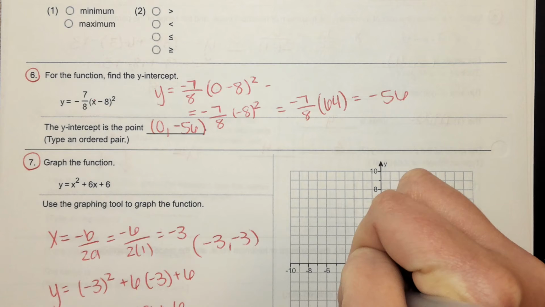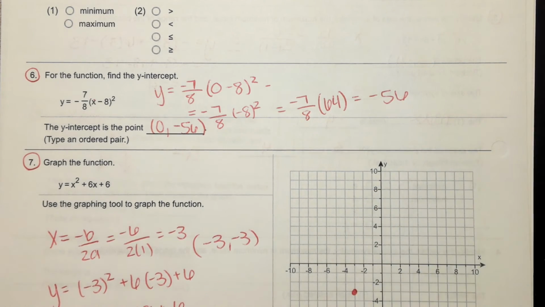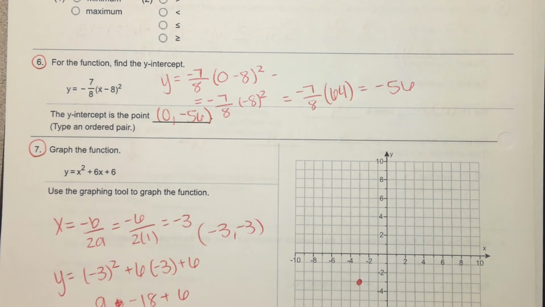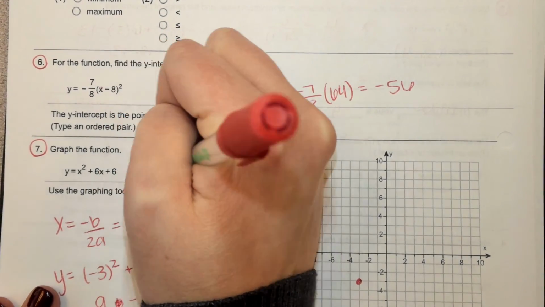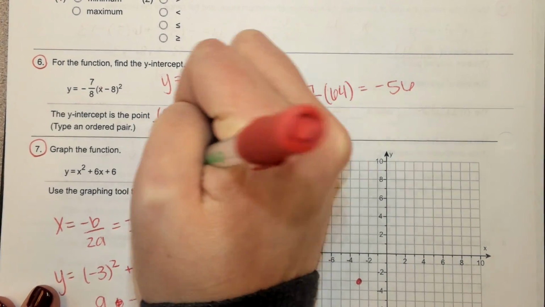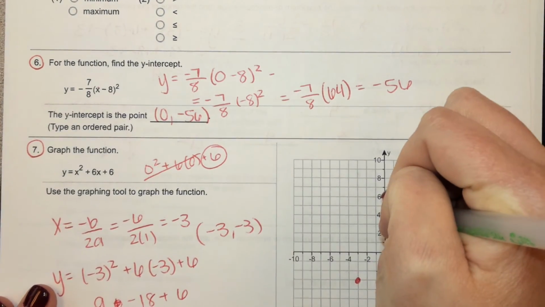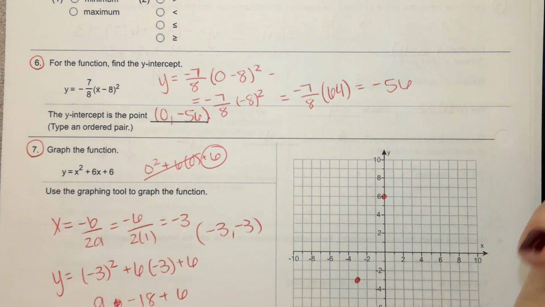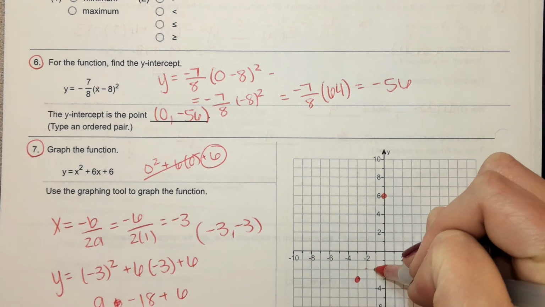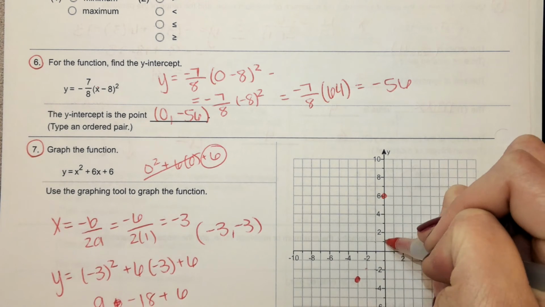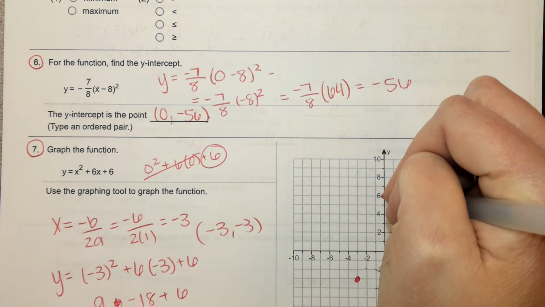Negative 3, negative 3. Now, you can find the y-intercept by plugging 0 in for x. That's probably the easiest. So 0 squared plus 6 times 0 plus 6 is just 6. Or you can do the 1, 3, 5 rule: over 1 up 1, over 1 up 3, over 1 up 5.